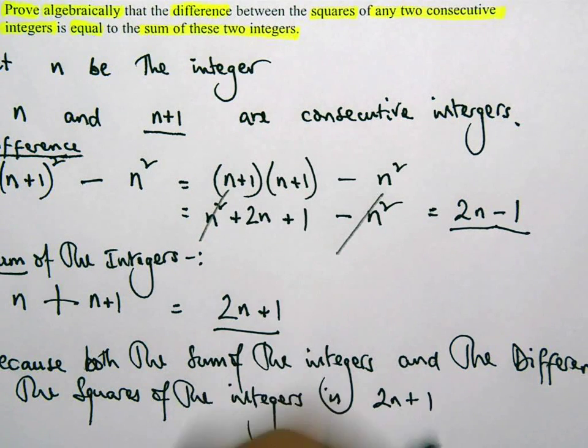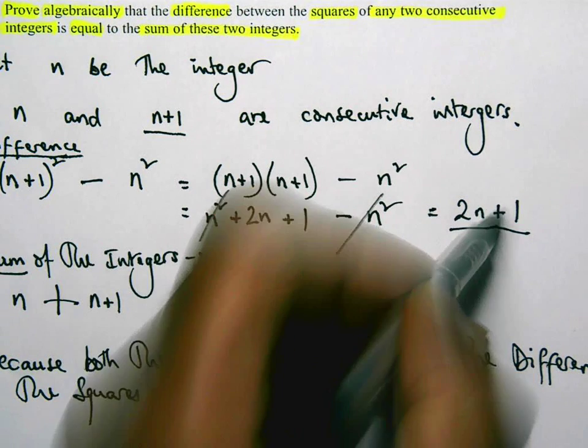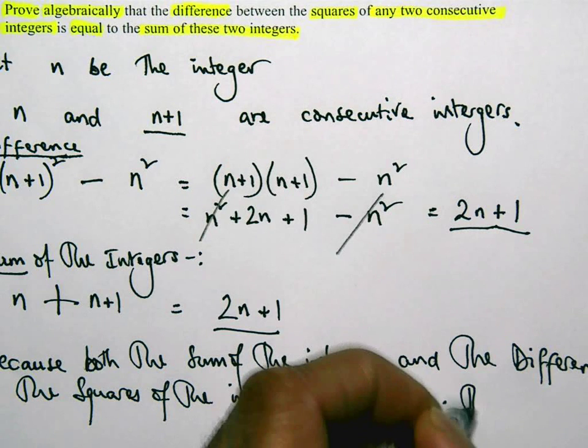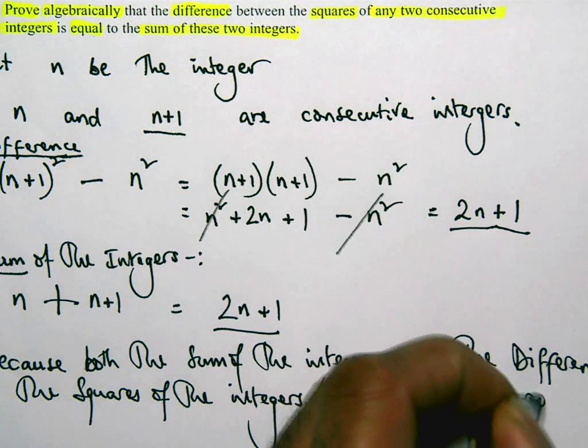I made a mistake here. That's a plus 1. The proof is shown.